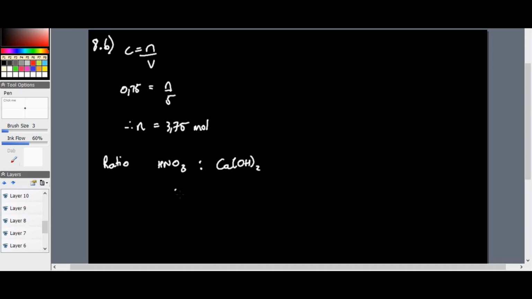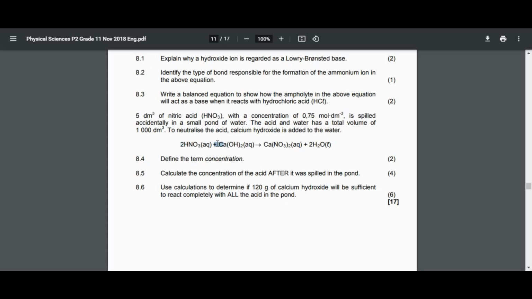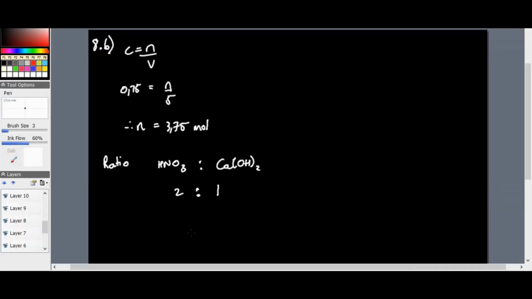The ratio is 2:1. If we go back to that equation, there's a 2, and there's a 1 in front there. So the number of moles of Ca(OH)2, which is calcium hydroxide, is going to equal this divided by 2 times 1, which is 1.875 mole.